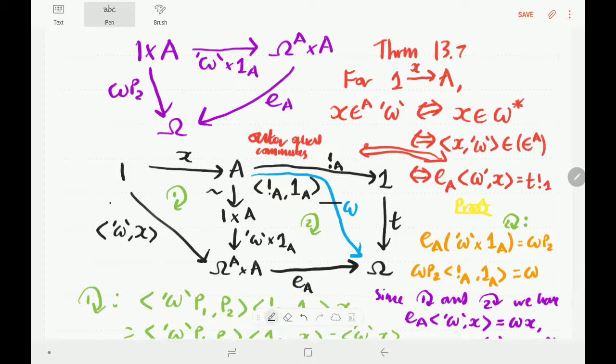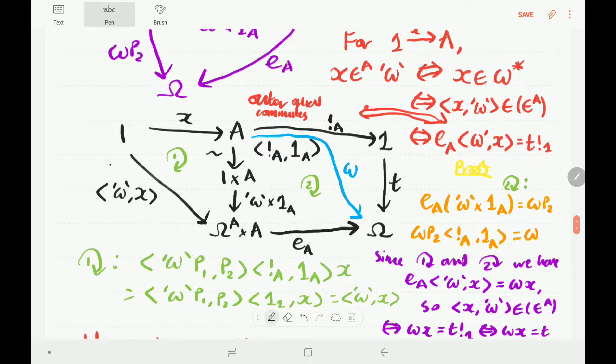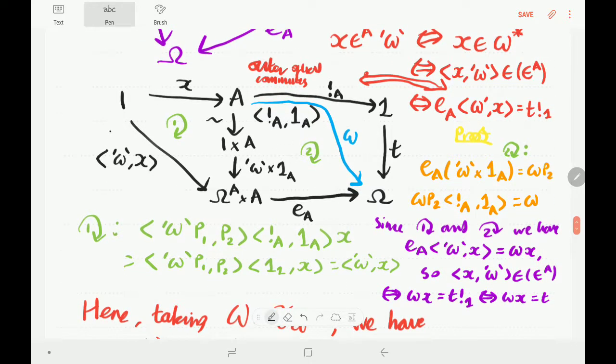Now notice that in this diagram, this region on the left commutes, as I demonstrate here, and this region on the right commutes, as I demonstrate in this orange here.